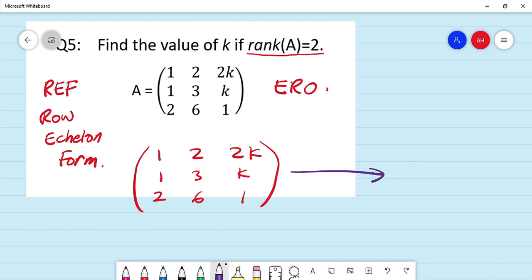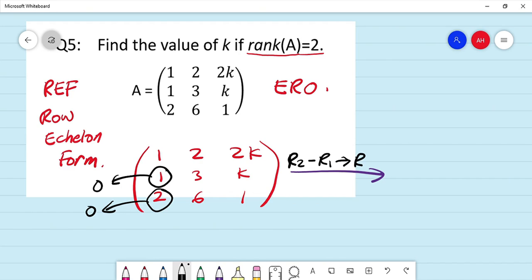So in order for us to have REF, this number 1 must be made into 0. Number 2 also we have to make it 0. So let's do 2 operations simultaneously. For row number 2, let's do R2 minus R1, and write down the answer in row number 2.